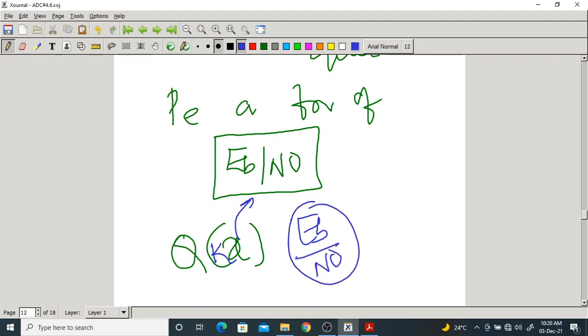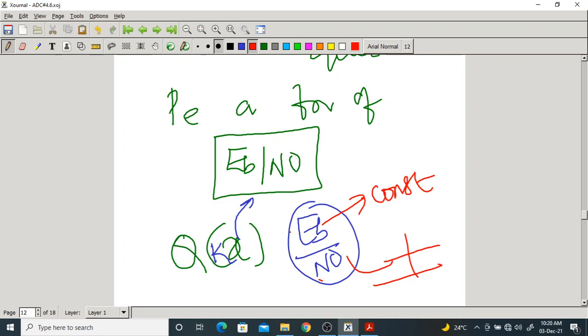That's why I told you for fair comparison we must keep EB constant. Anyway n naught will be constant. It doesn't distinguish between the different modulation techniques because it is noise. Noise affects all signals equally. It is uniform, which means it affects everyone equally. So we don't have any problem with n naught.